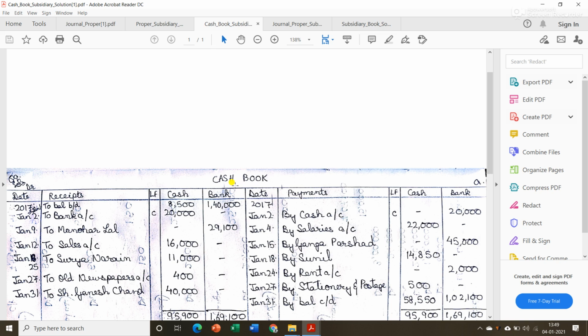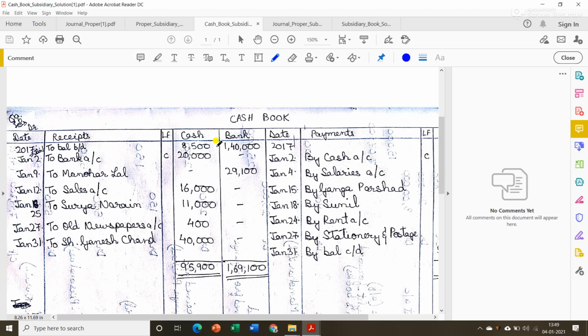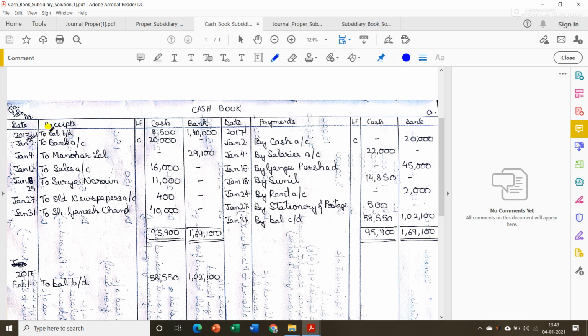But before noting down any amount in cash book, first we have to write balance brought down. In cash book we used to see we had to write balance brought down. See, in question we had balance brought down.